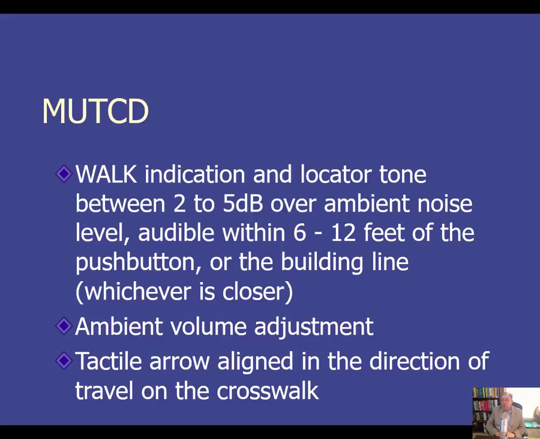If you have to get much closer, you're going to have difficulty. There should be ambient volume adjustment if possible. That's not always the case, but that's the best. A tactile arrow aligned in the direction of the travel on the crosswalk is something that should be in place.